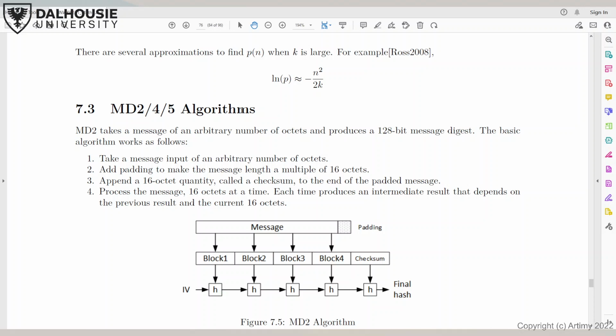But sometimes the message doesn't match exactly 16 bytes or multiples of 16 bytes. So the algorithm adds padding, probably zeros or any number, that pads it so that the length will be exactly a multiple of 16 octets.